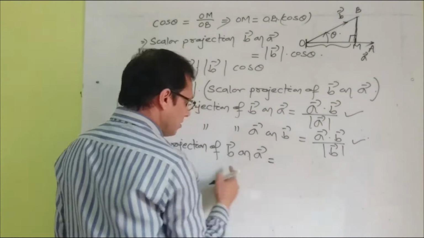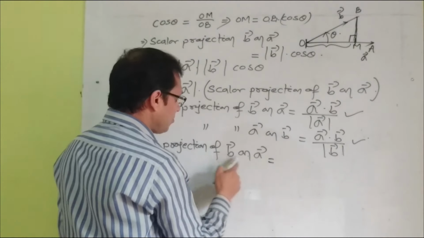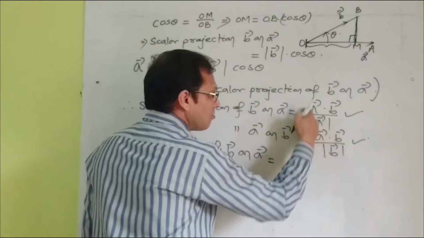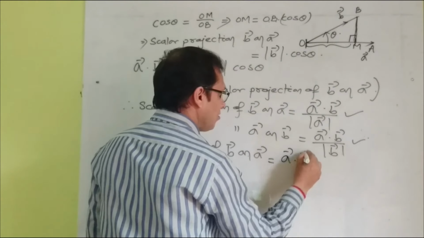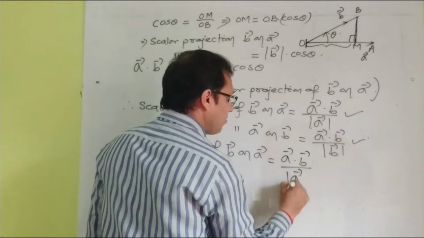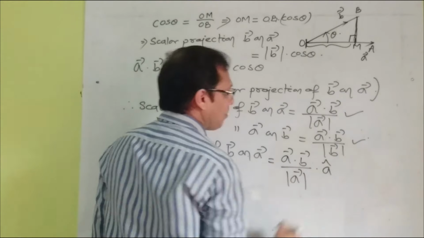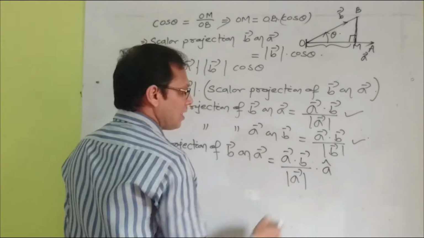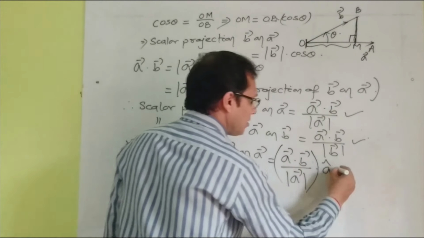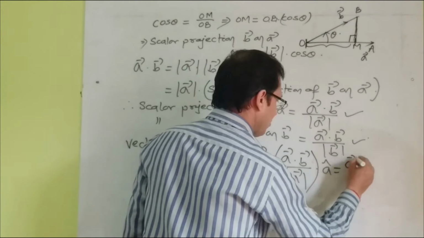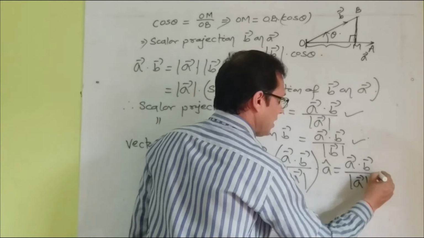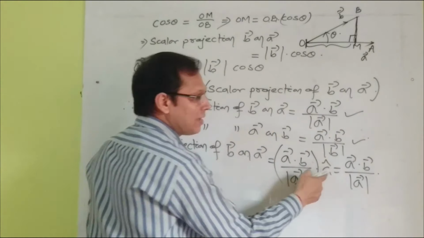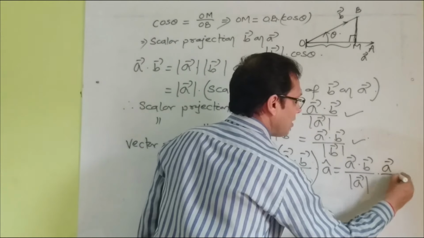So this is nothing but the vector projection of B on A, this one with unit vector A, that is A vector dot B vector by A vector magnitude into A cap, that is unit vector A. Again, unit vector of A is nothing but the A vector by A vector magnitude.